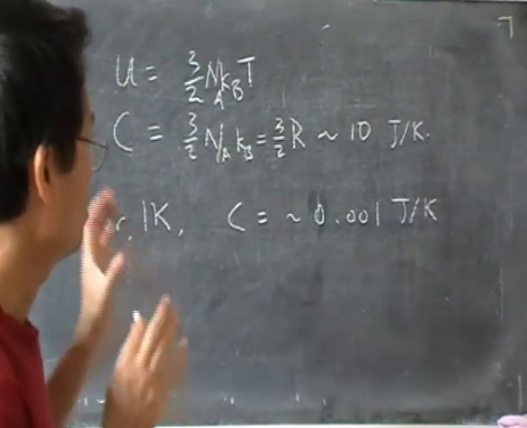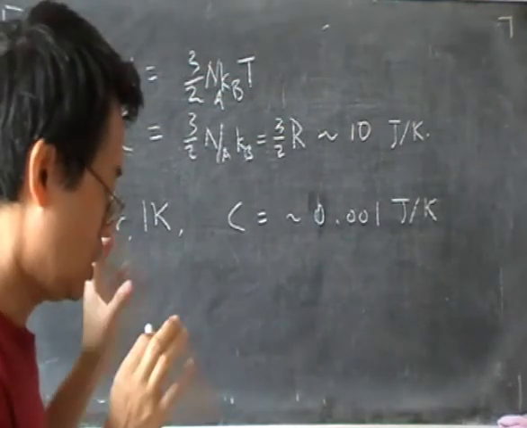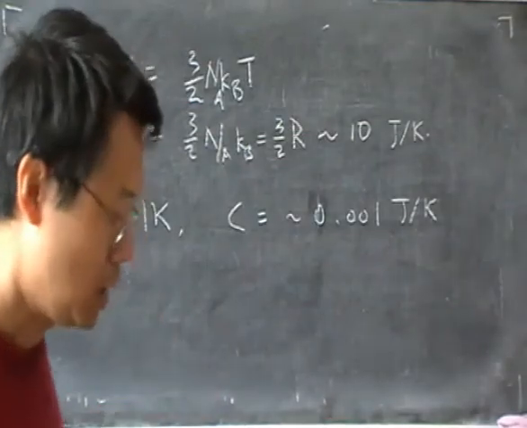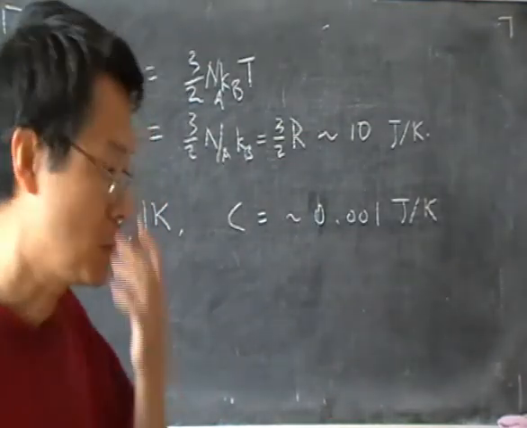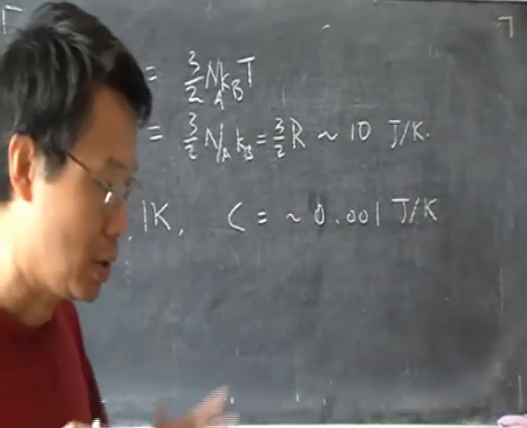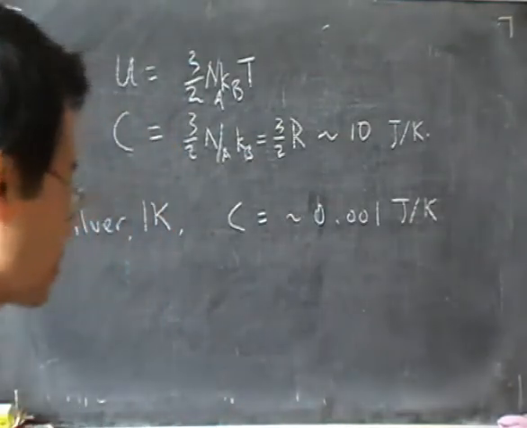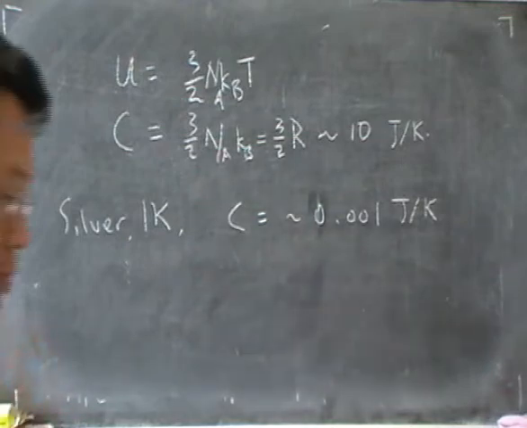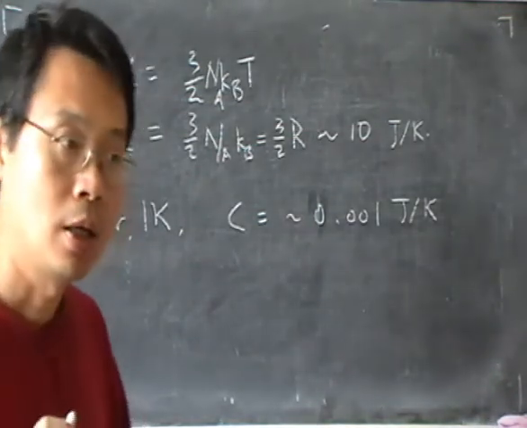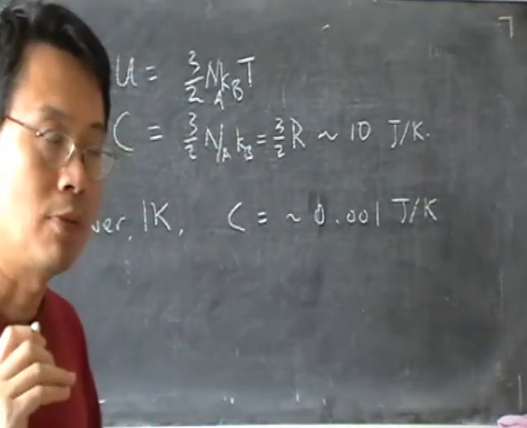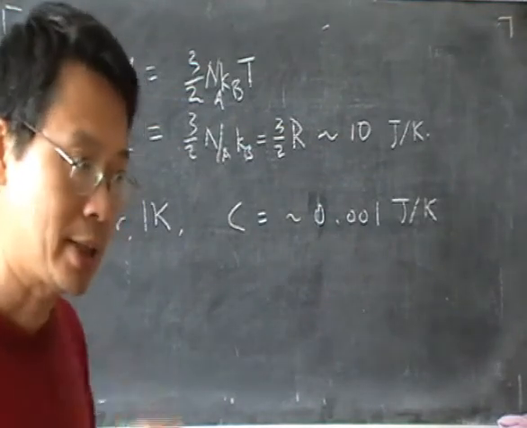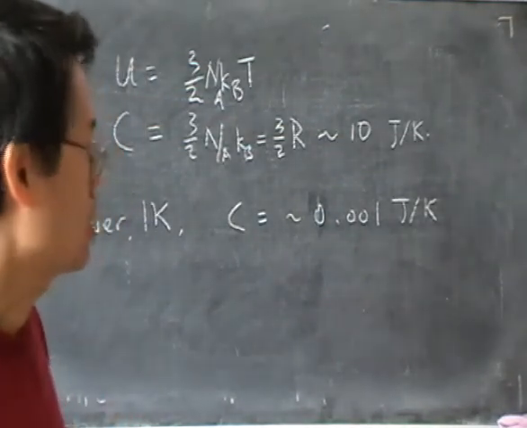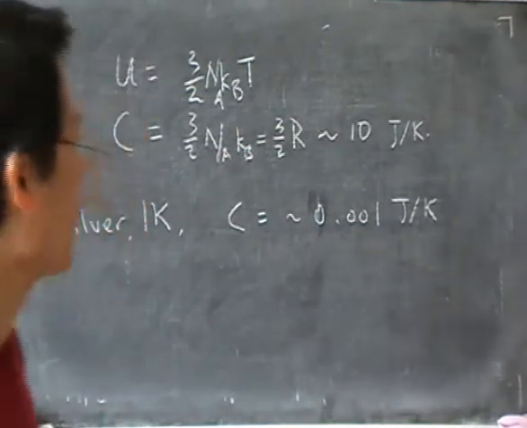So this means that there is something about the physics of electrons in a metal which is very different from a simple ideal gas. In the last session, I talked about the Fermi distribution, which is the exact distribution of the electrons.